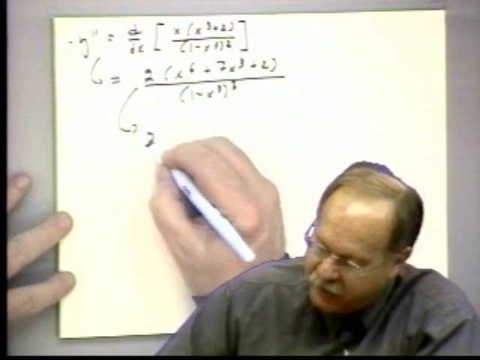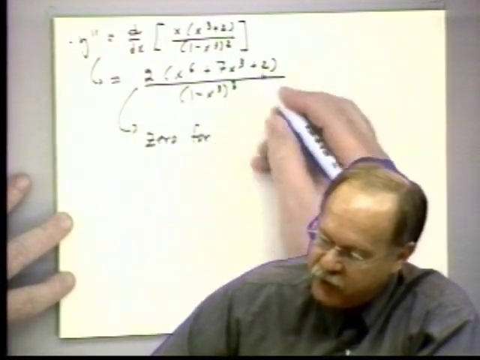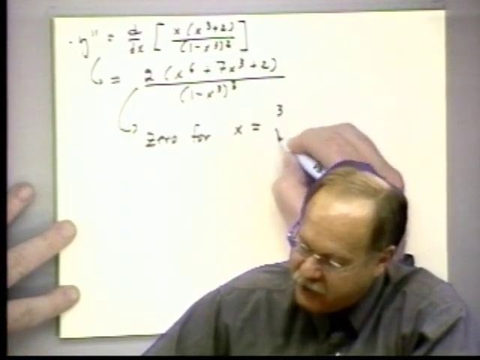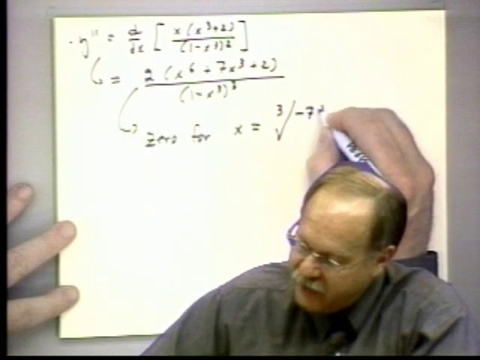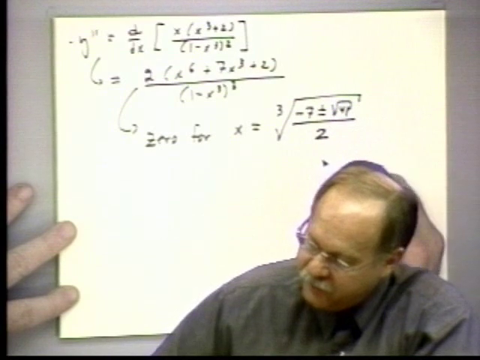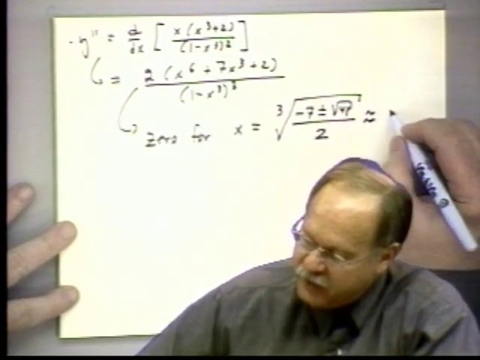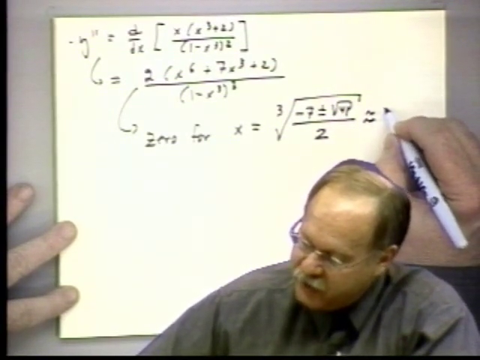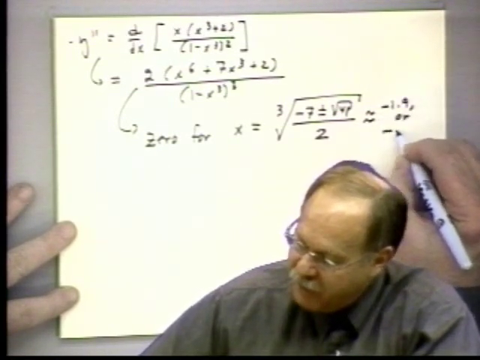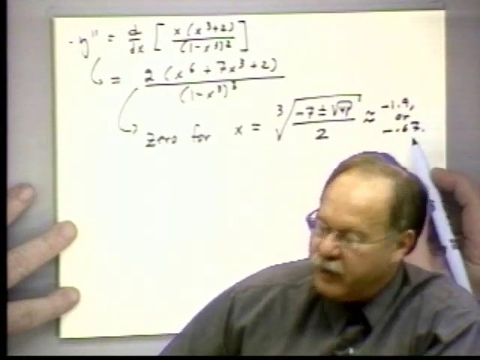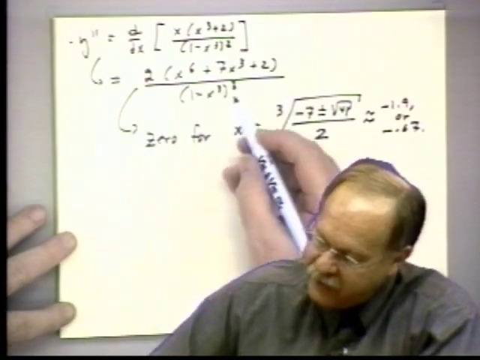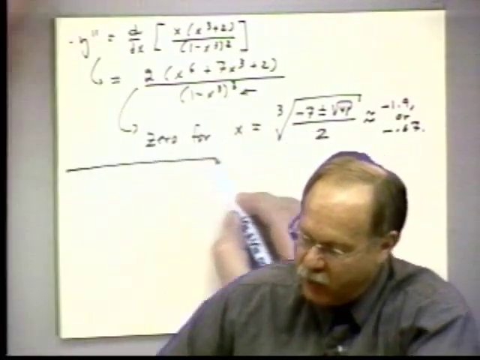This expression will become 0 for, and if you use the quadratic formula in here, you will find that this is for x equal to the cube root of (minus 7 plus or minus the square root of 41) all over 2, all of which reduces upon approximation to approximately minus 1.9 or minus 0.67. And that's all we'll need when we're doing our chart to know roughly where these numbers are. And again, this doesn't exist for x equal 1.